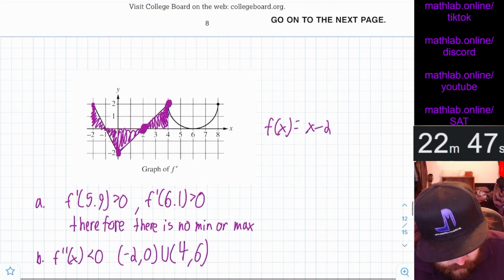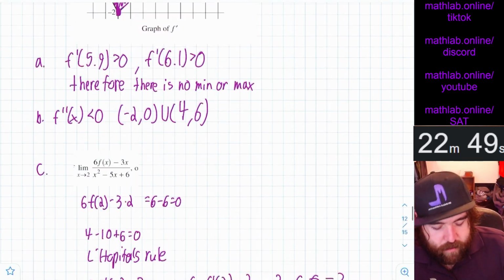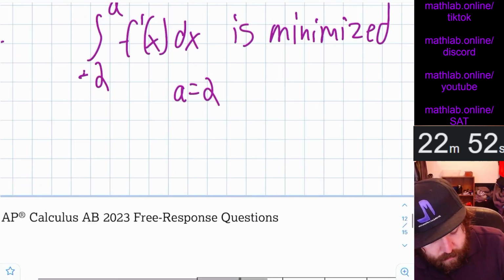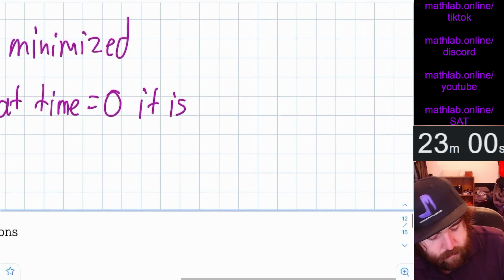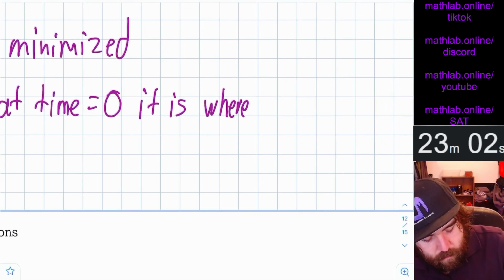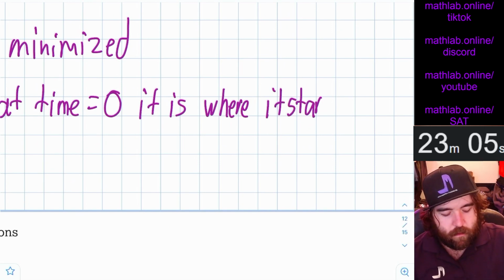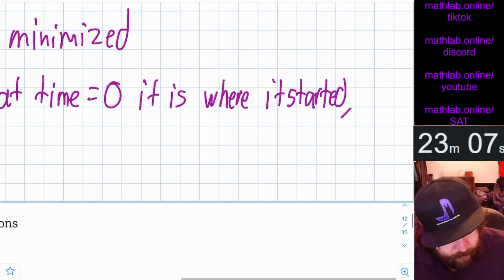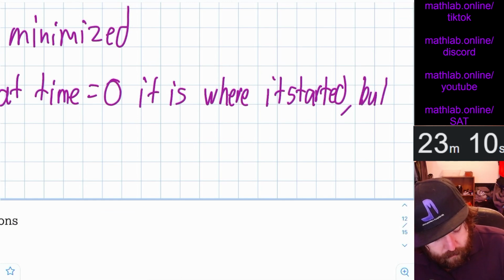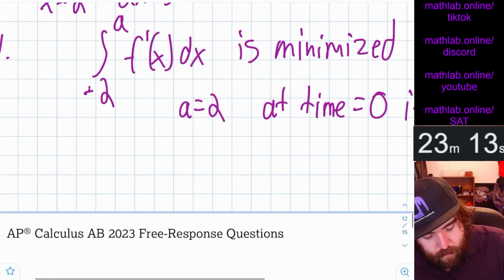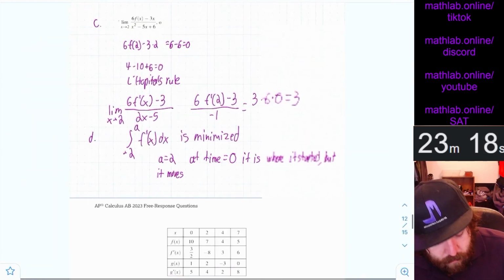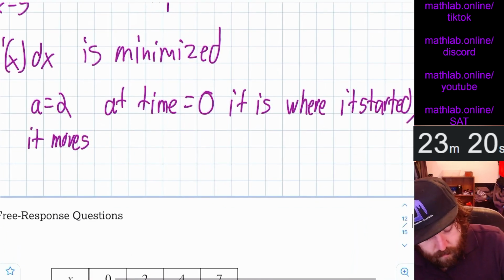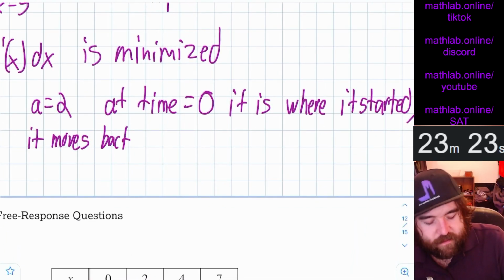At time equals 0, it is where it started. But then it moves backwards. It's not a particle though.